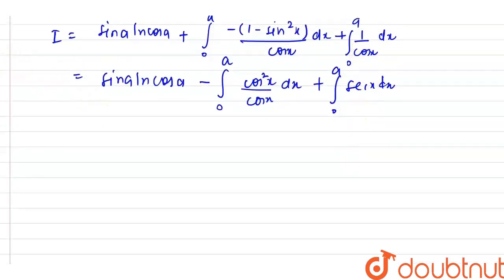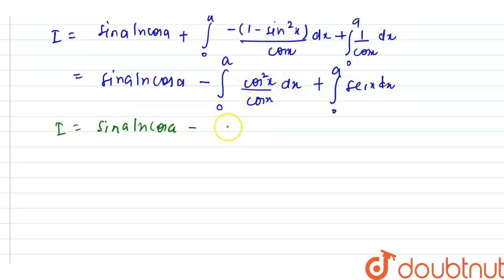So I'll write sin a ln cos a as it is, and here I'm going to cancel out this cos with this cos square.